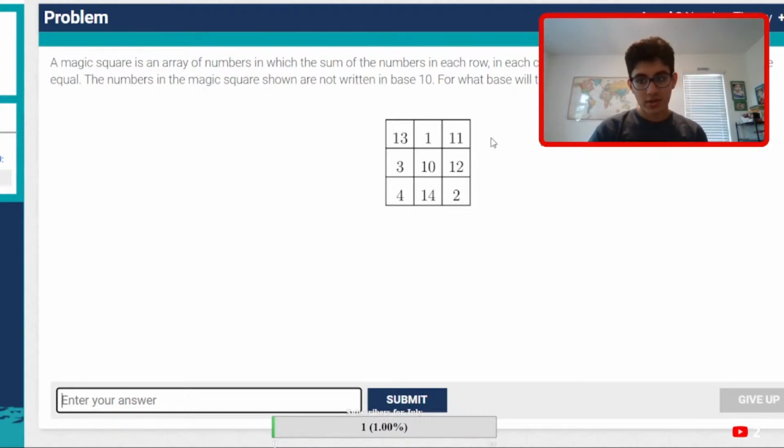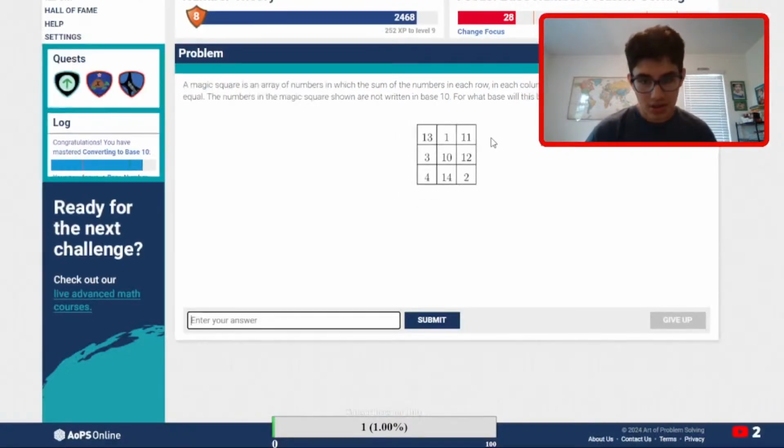And then let's just call the thing x, right? That should be easy enough. Whatever base it is, we'll call it x. So it becomes 2 plus 4 plus 4. So that's 10. 10 plus x. I'll write it at the bottom here. 10 plus x is equal to, and then we can do it with any other row. So let's do it with the first column, 13, 3, and 4.